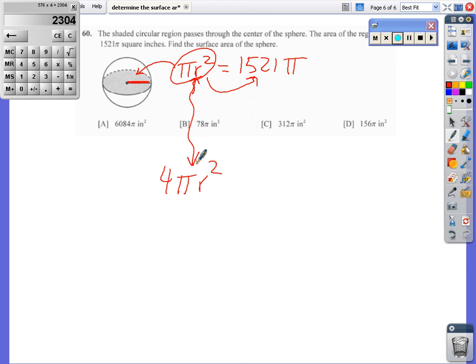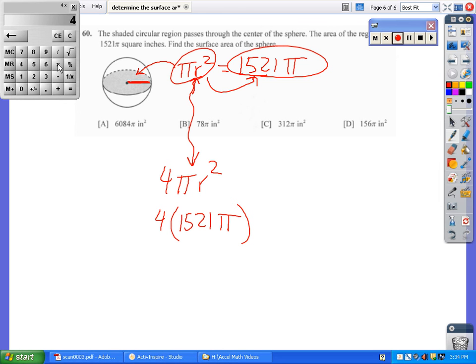Why do I even bother trying to get the radius? Why don't I just take the pi r squared thing and multiply it times 4, and use a little substitution, 1521 pi, and multiply that. So I'm going to clear that. 4 times 1521 pi. I'll leave the pi off there because I know it's there, but it's 6,084 pi.